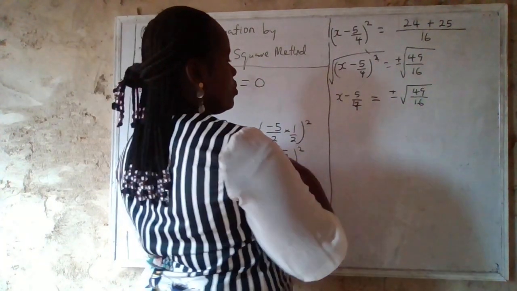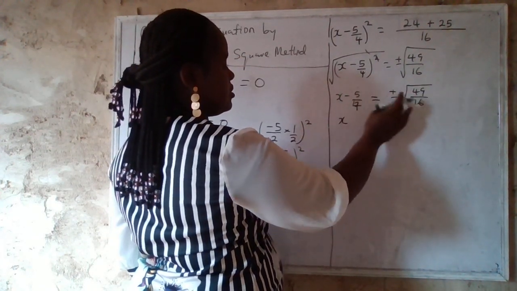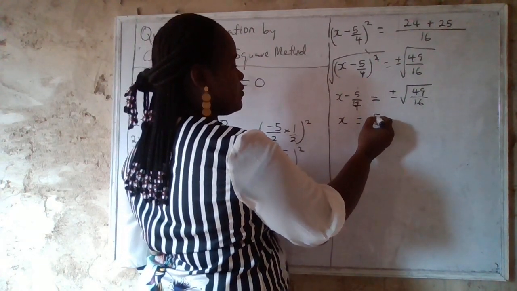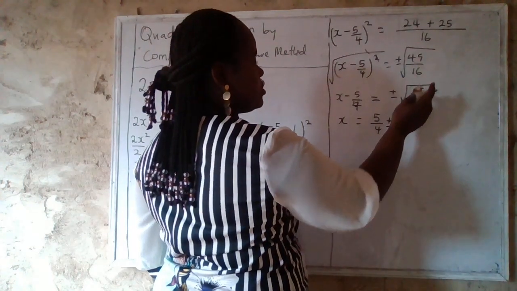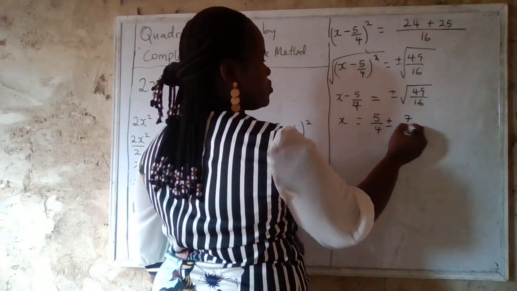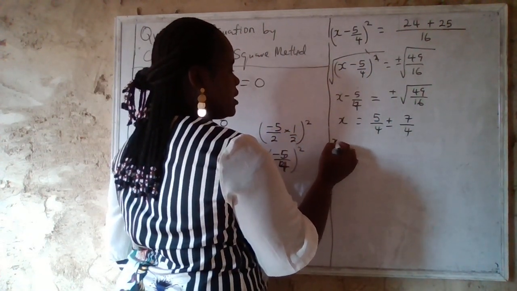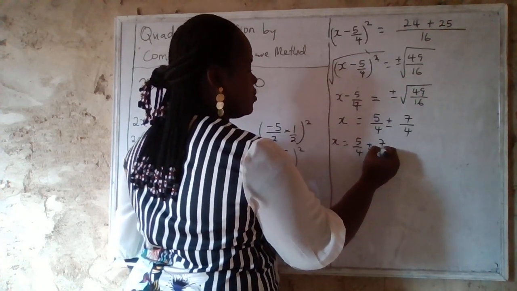So we have x, taking minus 5 over 4 to this side, gives me plus 5 over 4 plus or minus square root of 49 is 7, square root of 16 is 4. So now I have x to be 5 over 4 plus or minus 7 over 4.